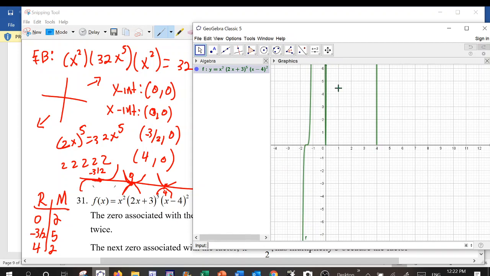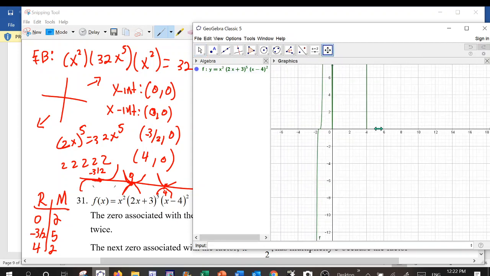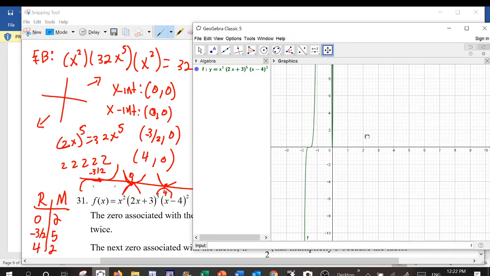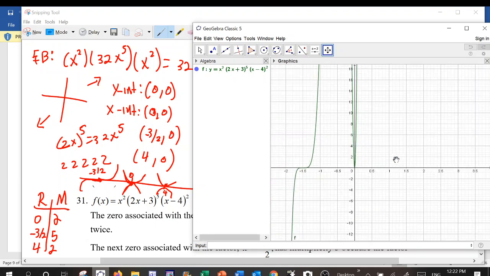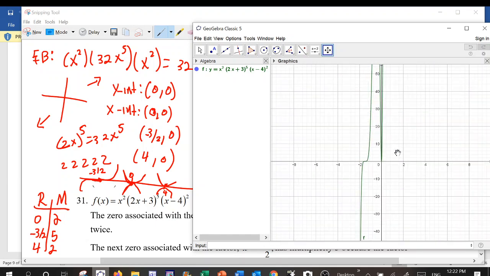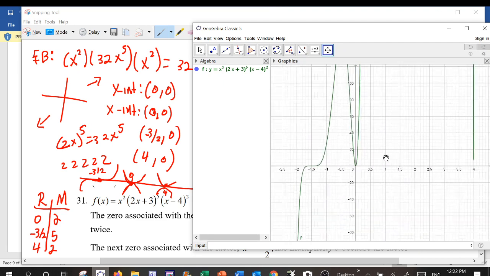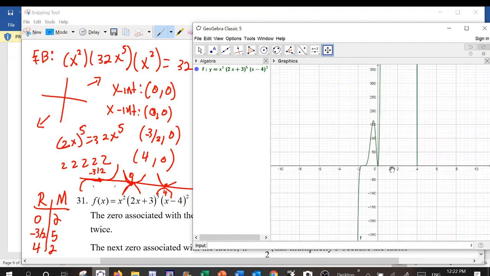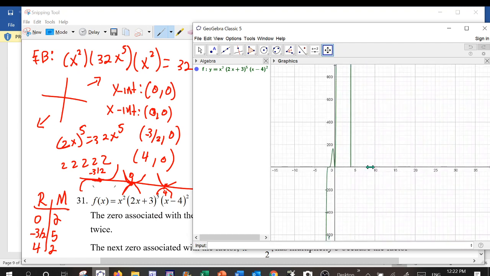Let's see. It looks like the values are so big that we have to zoom out to kind of see them. Let me zoom out even more.